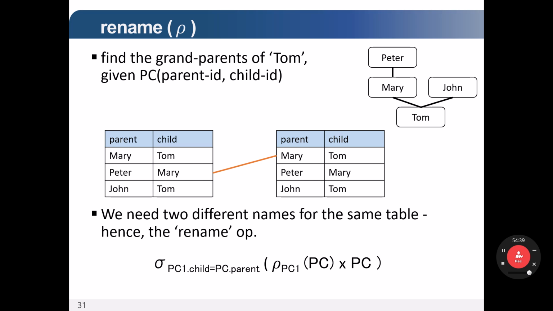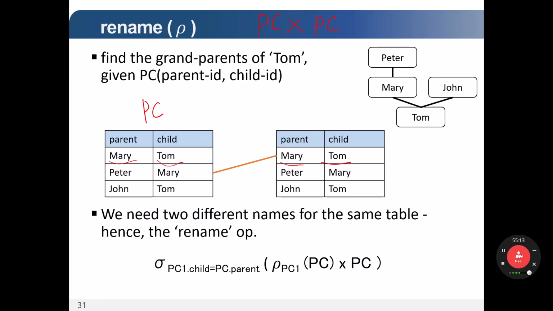You need to use this Cartesian product for the same table. Let's name this table PC. So you should apply Cartesian product for the same PC tables. So if you do that, then this Cartesian product will give you a total of 9 records. So Mary Tom will be put in the first row.